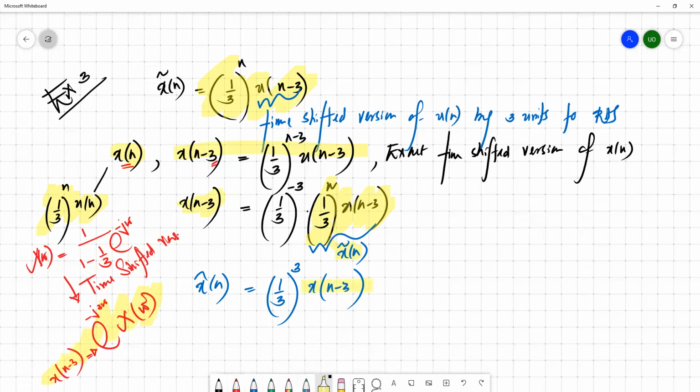So you can simply replace this. So this equals (1/3)^3 times e to the power minus j3 omega divided by 1 minus 1/3 e to the power minus j omega. So this is the final solution.